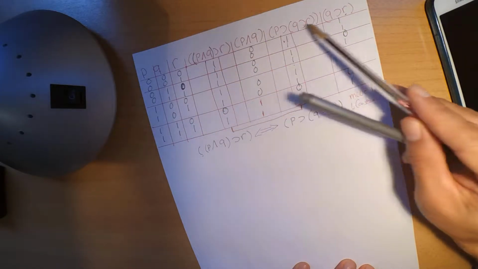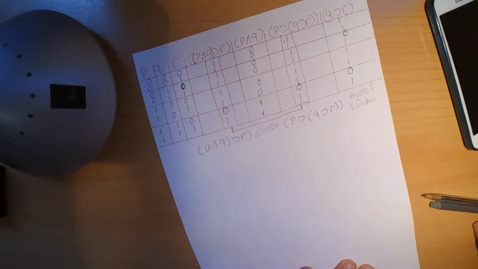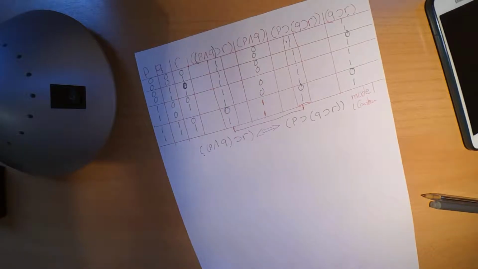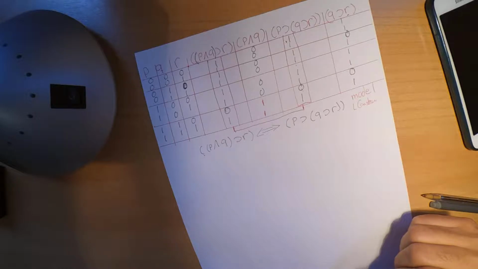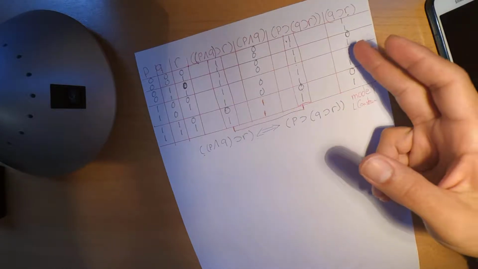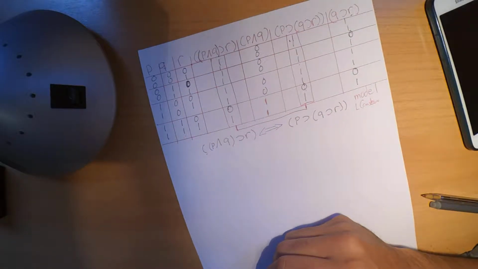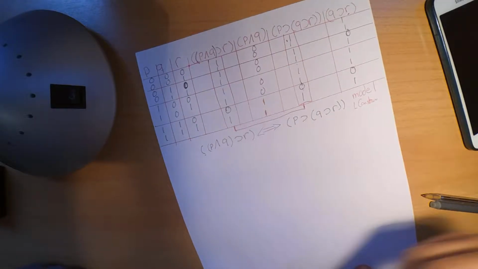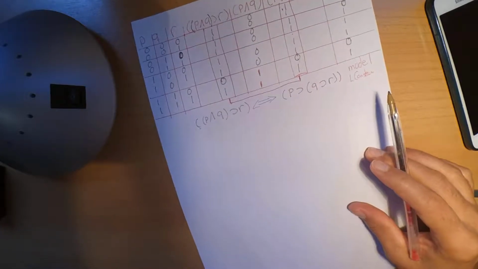Because this is a very short exercise, but sometimes we'll find very, very long and difficult formulas. And the best way is to save time, because I spent some minutes here trying to prove it and making the true and false table. But now I'm going to teach you another way, the indirect way to prove it.